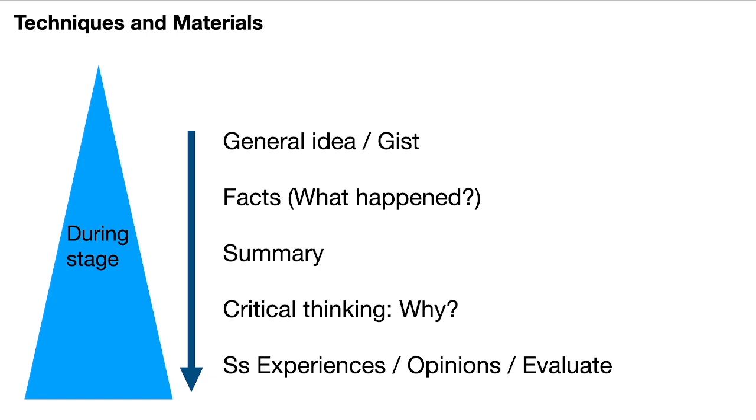Now, you don't have to follow this exactly, okay? You may not be able to do all of these things, or even maybe in a slightly different order, but generally this gives you a good sequence for during stage.